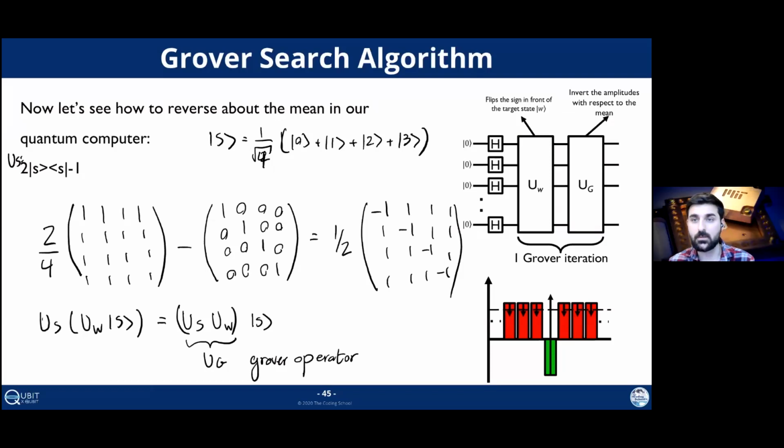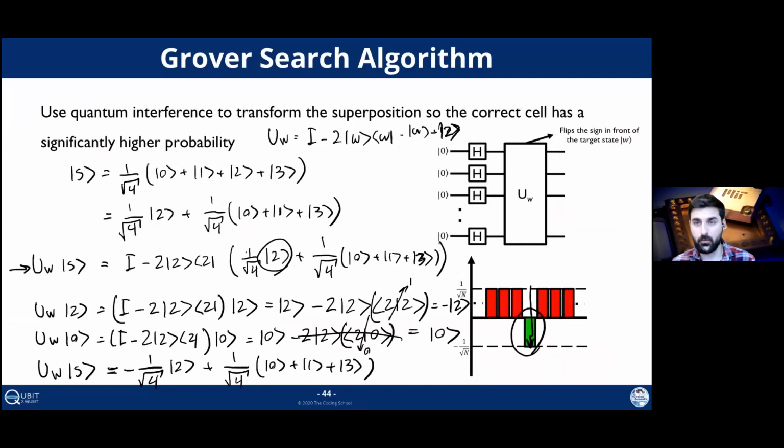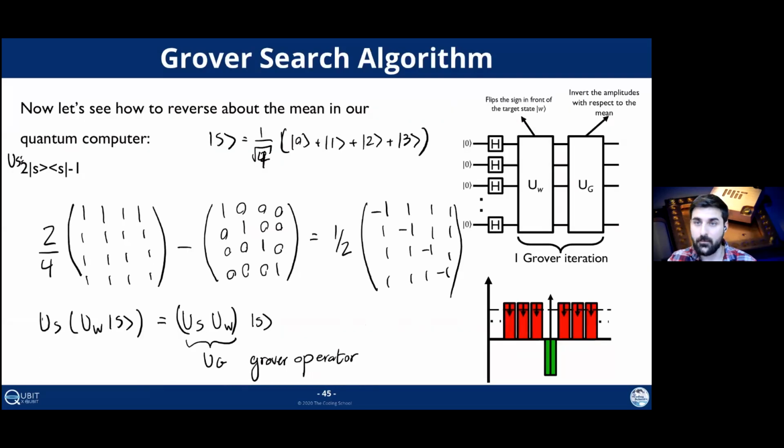So again, this is what we've seen before, but these are the two components of the Grover algorithm. First, we use the oracle to flip the sign of the amplitude of the correct answer. And now that we flip the sign, we invert everything with respect to the mean. That is the cartoon that I have on the bottom right side of my screen. Since we flipped one amplitude down, since there's one negative value, the average of all the amplitudes is going to be slightly less than what it was before.